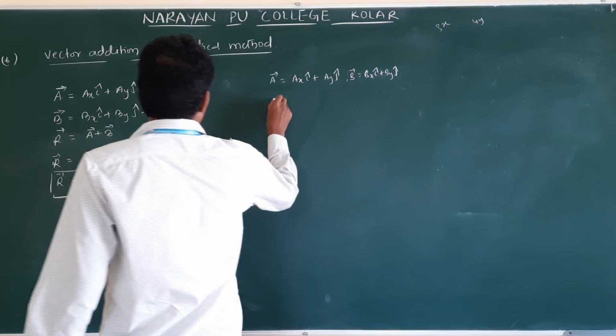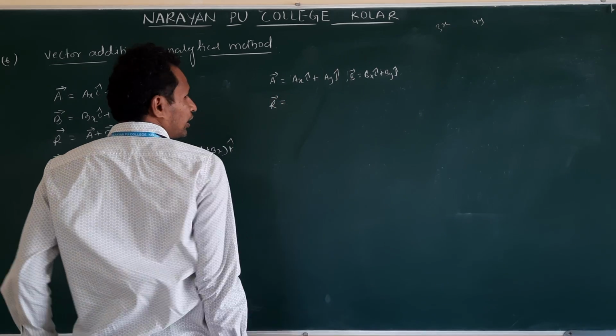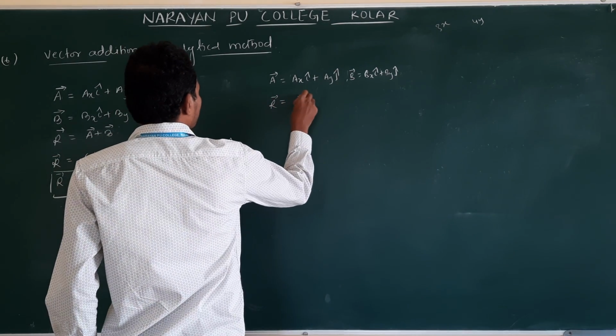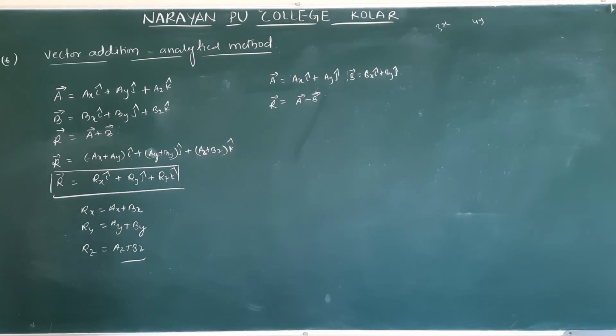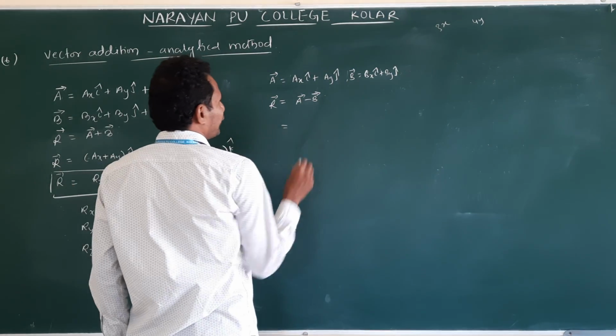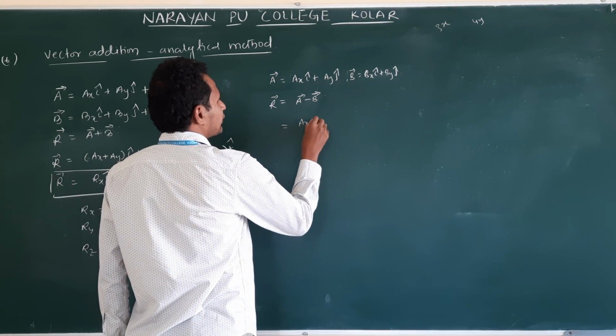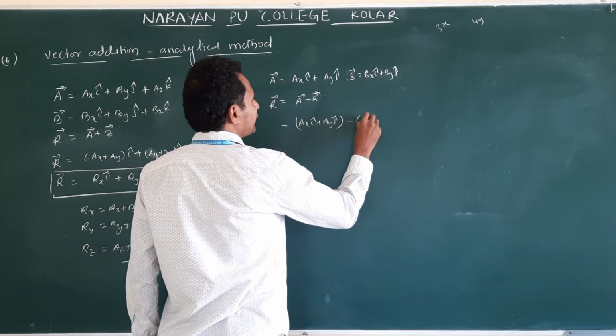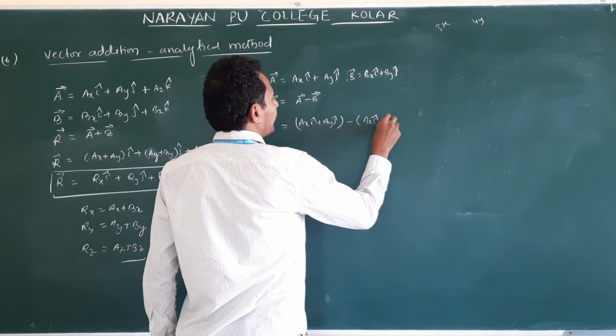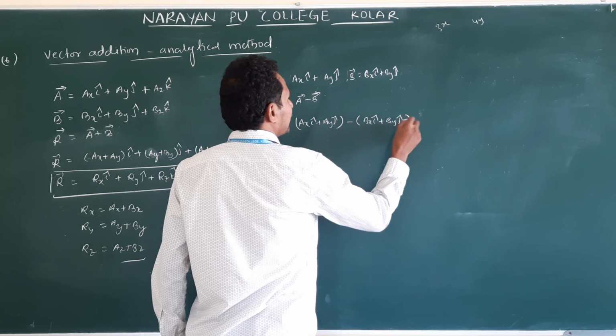Now we are doing subtraction. R is equal to A minus B. Same procedure. What do we get? We will see now. Ax i cap plus Ay j cap minus Bx i cap plus By j cap.